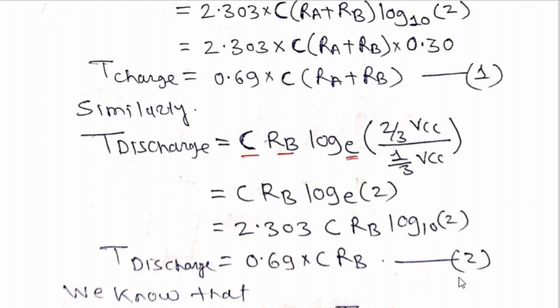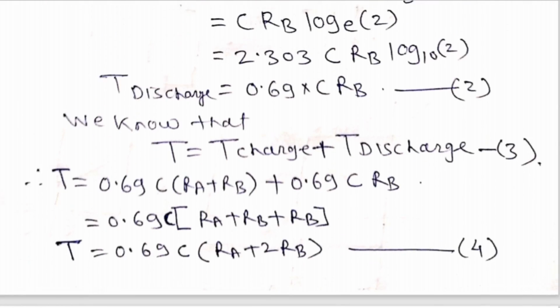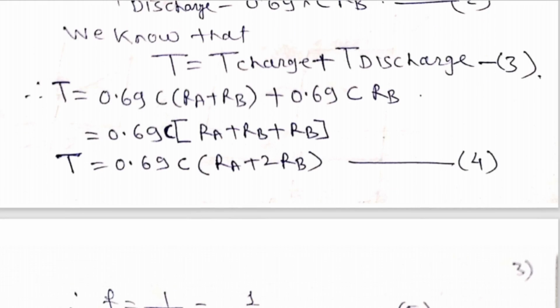Now you know very well that the total time of the square wave is nothing but T charge plus T discharge. So T is equal to T charge plus T discharge.